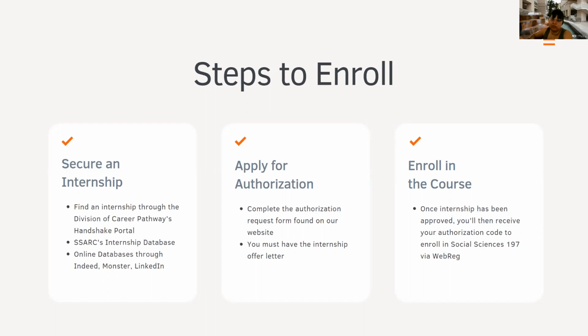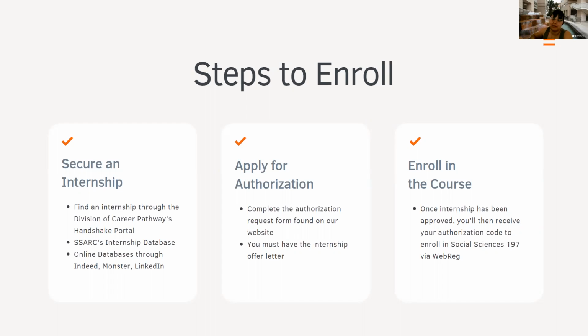UCI Handshake will be the best platform for you to find these opportunities. But here at SARC, we also have an internship database that you can use. This database consists of employers that past Social Science 197 students have participated in. I'll show you where you can find that after the presentation.